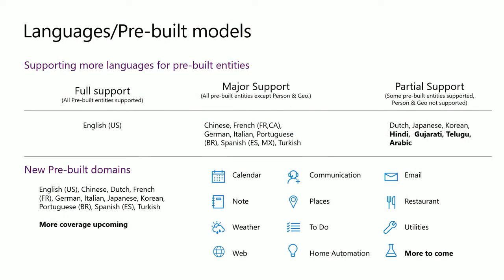So we have started to improve our support for multiple languages, and I'm really happy to announce at this Ignite that we are supporting a few more languages, including Arabic, Hindi, Gujarati, and Telugu. These languages allow you to develop models in these native languages for about 2 billion customers in 24 countries. With the global presence of a lot of our customers, that is really important.